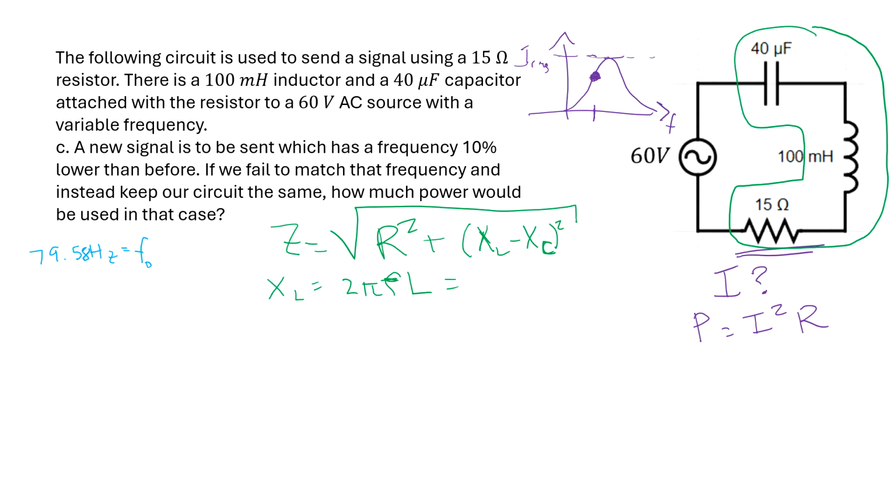That means multiply this value times 90%, or 0.9. Our new frequency, which is not resonant anymore, is going to be, let's see what I got over here, 71.622 hertz.